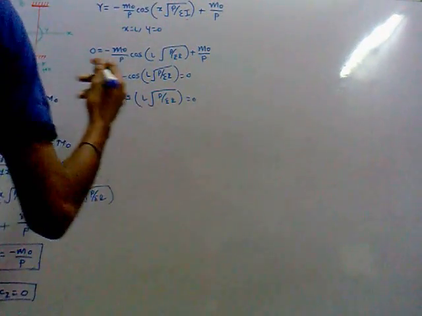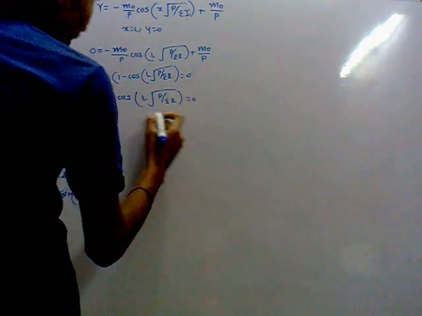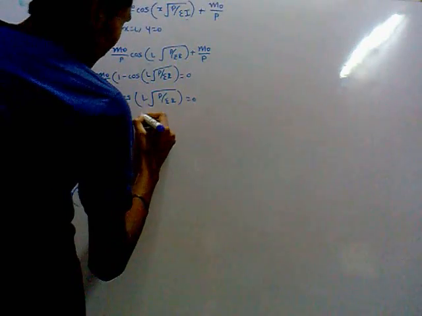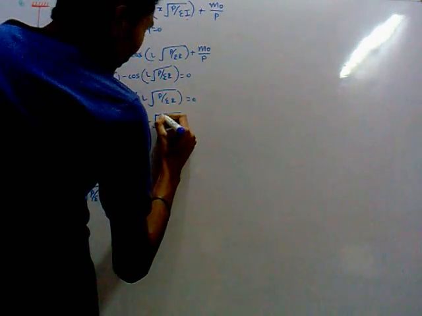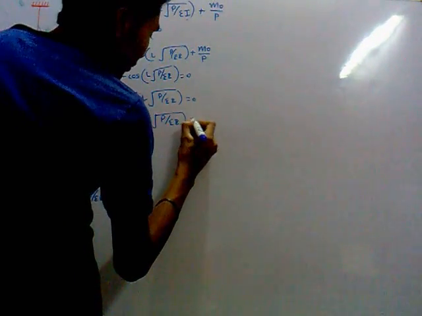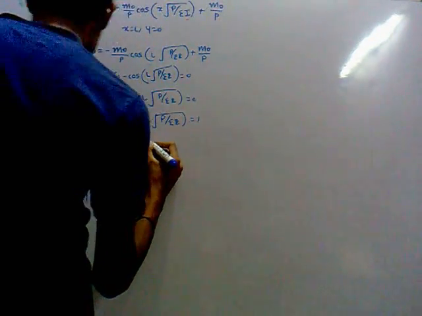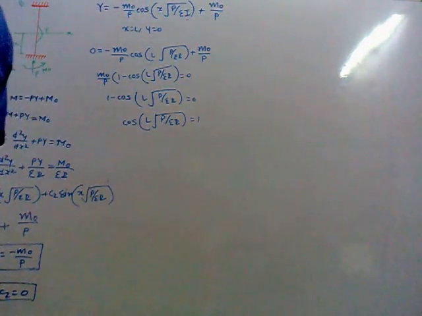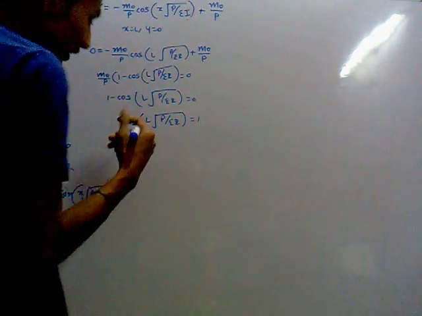Now cos of L under root of P upon EI equals 1. So what is the value of cos inverse of 1? It is twice pi.